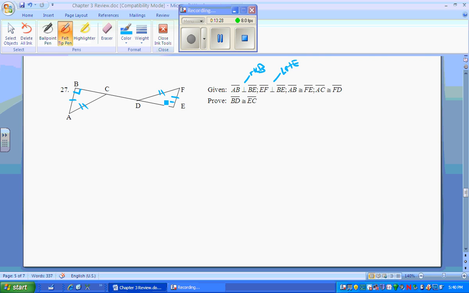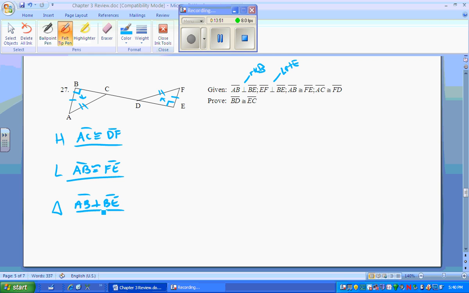They're across from the right angles right here and here. So this has to be HL triangle. The hypotenuse is AC being congruent to DF. The leg is AB being congruent to FE. And the perpendiculars give us the right angles for the right triangles.